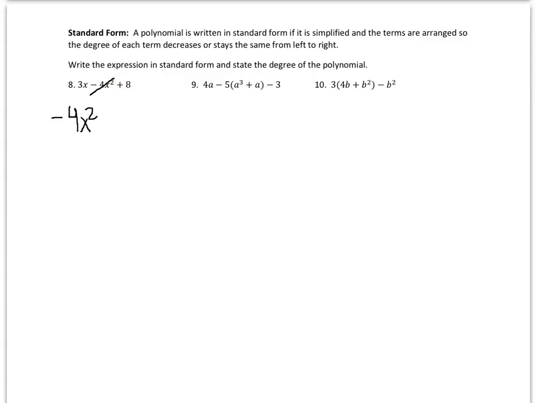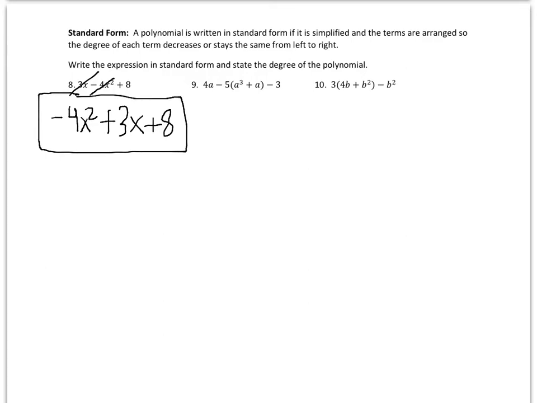Cross it off. What's the largest degree left? The 1 right here, 3x. So it's plus 3x because it's a positive 3x. Cross it off. What's left over? Plus 8. So that is standard form.